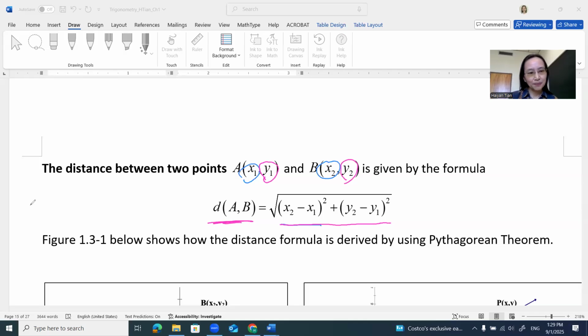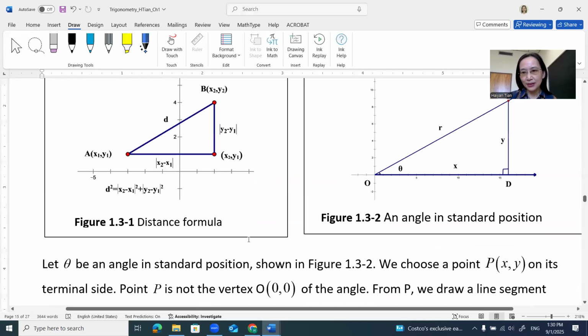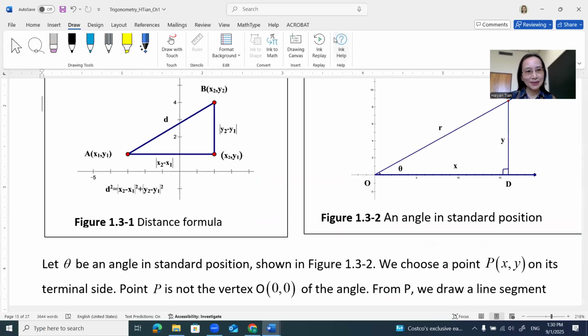Let's look at a picture that shows the 2 points and how to calculate the distance.